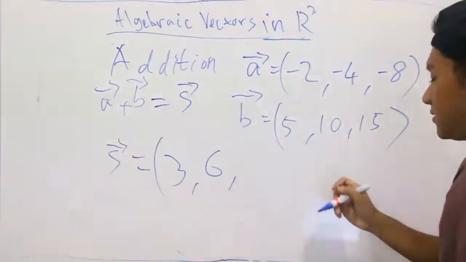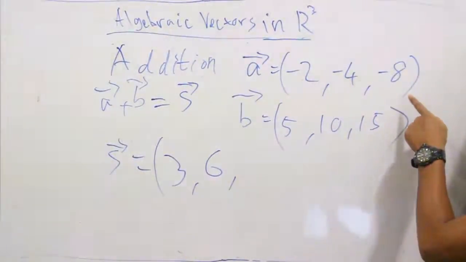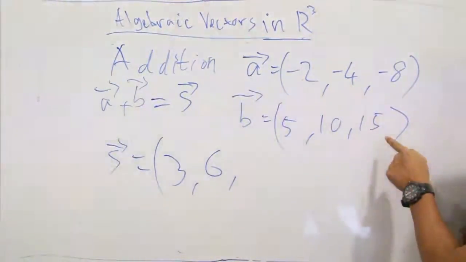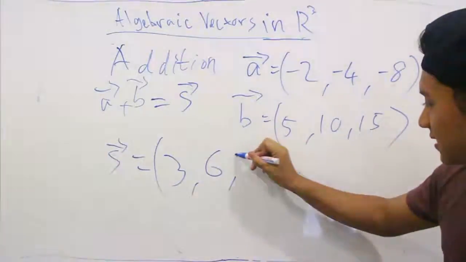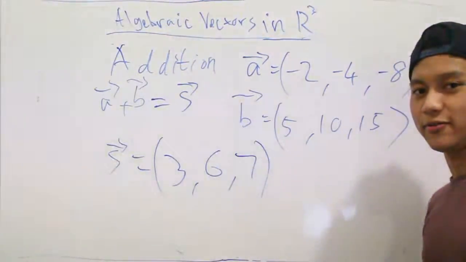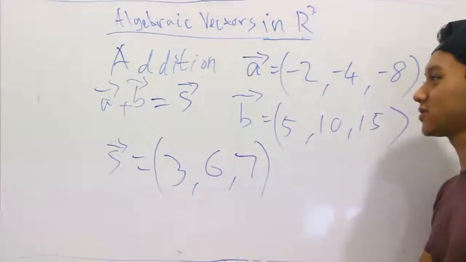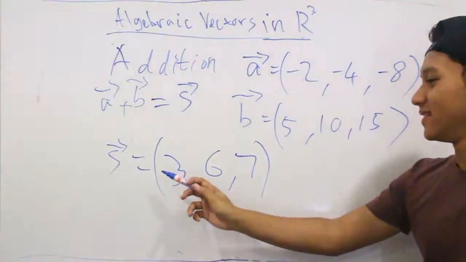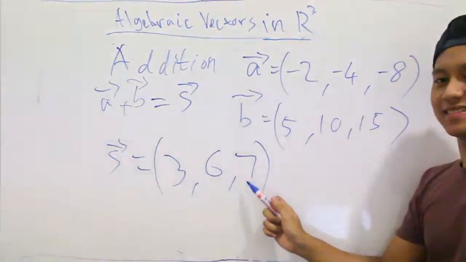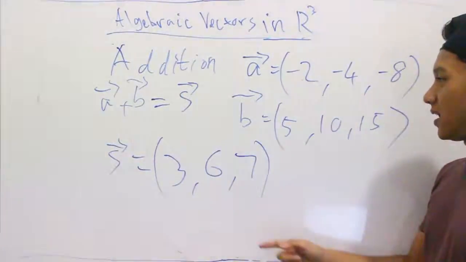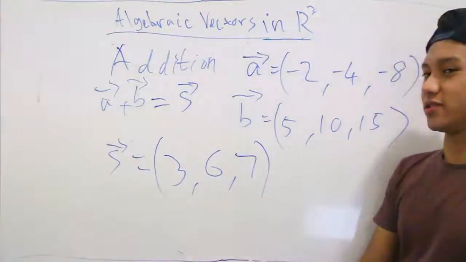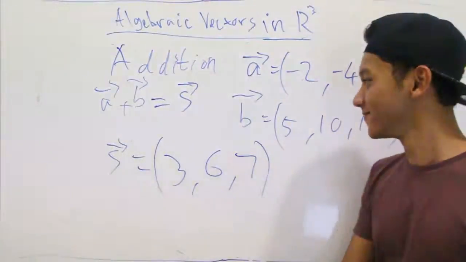And the last axis, which is the z-axis, is -8 plus 15 will be 7. See how easy and simple that is with Dr. Hillman? We got the answer is 3, 6, 7. The addition of algebraic vectors in 3D.